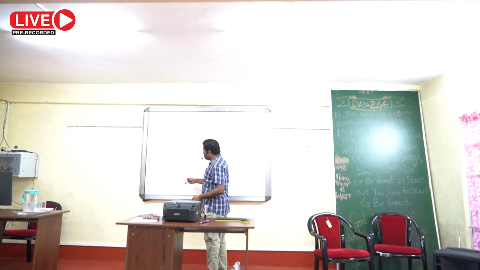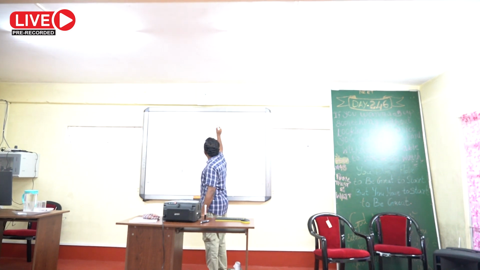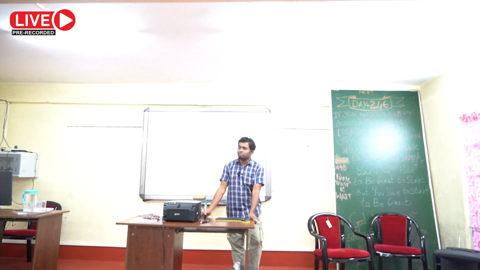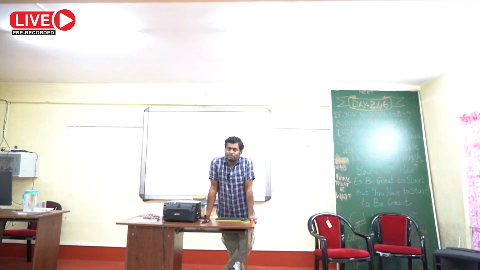So when you add, you will get F12 plus F21. This will become 0. This will become 0. From the third law.